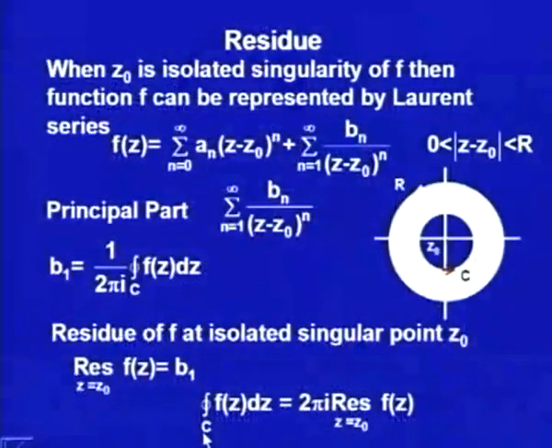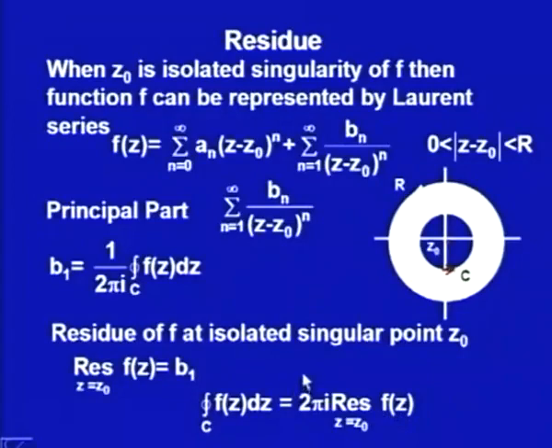When f fails to be analytic, or f has one singular point in the interior of this closed contour C, we could evaluate this integral as 2 pi i times the residue of f at this point. If it is a singular point, we could write it as a Laurent series and find its residue, that is, in the principal part the coefficient of 1 upon (z minus z naught), which we have called the residue, and that we are getting from here.